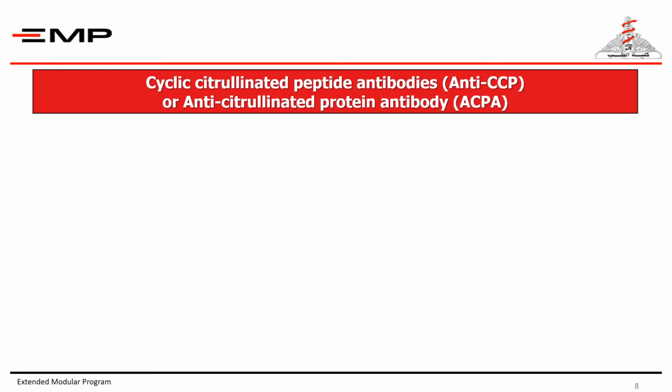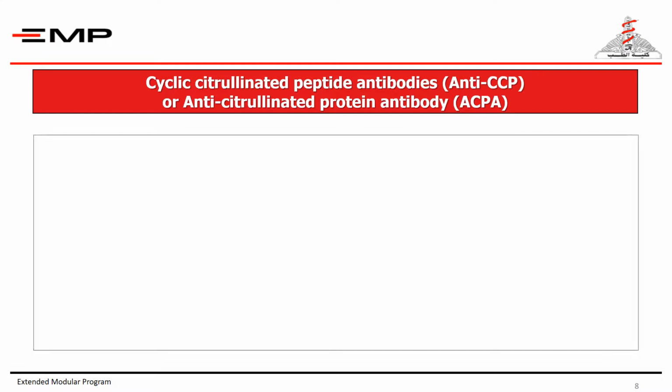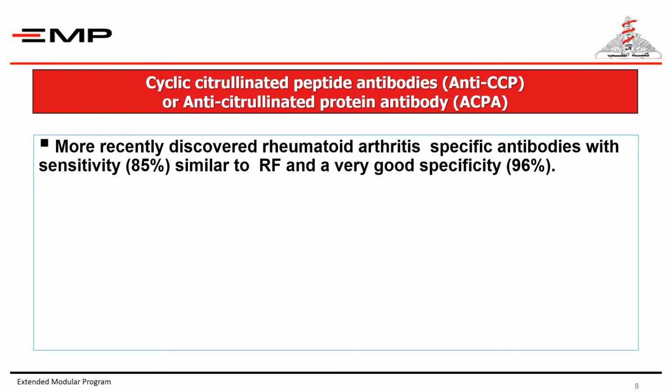Cyclic citrullinated peptide antibodies, anti-CCP, or anti-citrullinated protein antibody, which is ACPA. These are more recently discovered rheumatoid arthritis specific autoantibodies with sensitivity about 85%, similar to rheumatoid factor, but with very high specificity that reaches 96%.